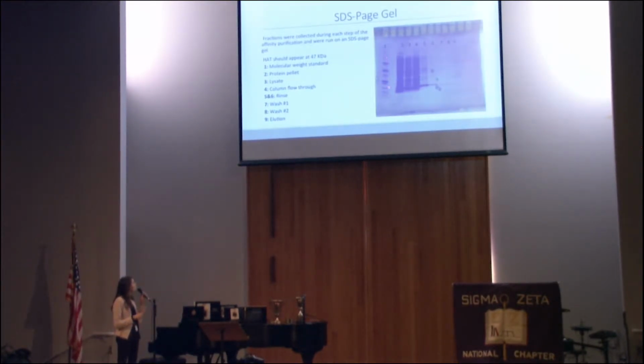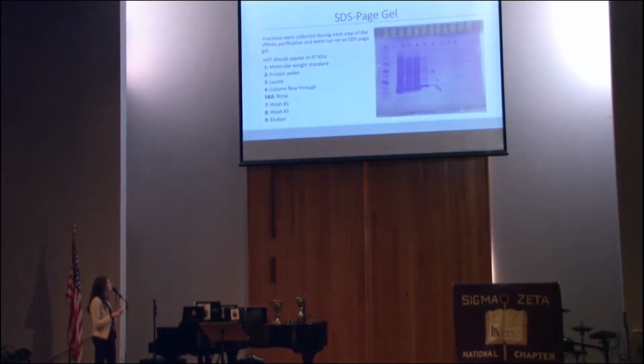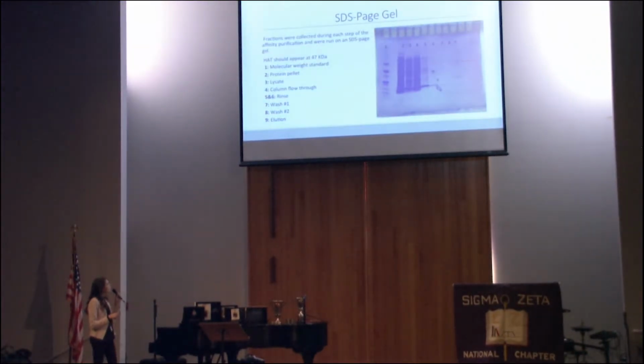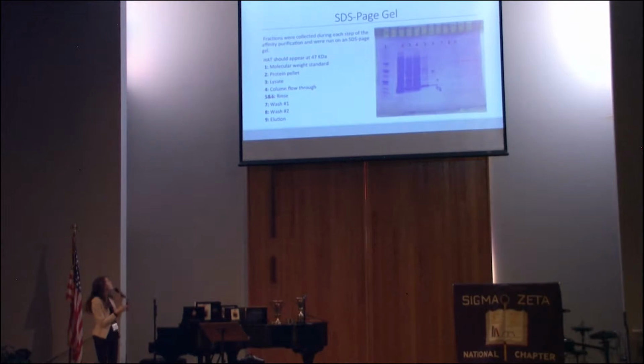So we have our standard ladder, and this is all the known molecular weights of these proteins. So the one we're focusing in on is this one right here, which is at 50 kilodaltons. So next we have our protein pellet, and then our lysate, and then our column flow through. If we're thinking back to the column when we're pouring our protein through, all the liquid that comes off initially is what is in this column right here.